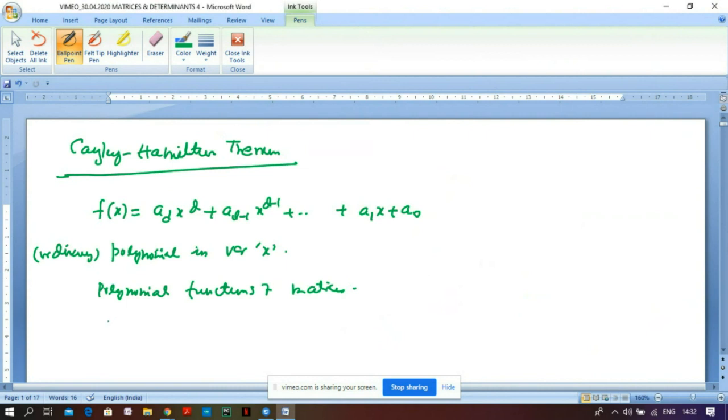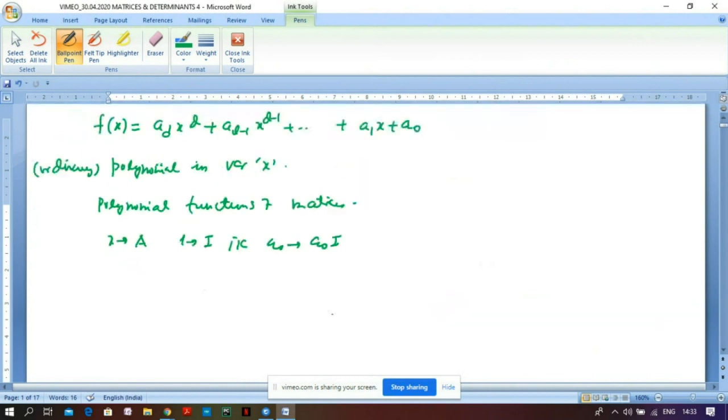What we do is that we replace x with A and we replace 1 with I. That is, a_0 gets replaced with a_0 I. For example, if you have f of x is x squared minus 5x plus 6, then we can have f of A as A squared minus 5A plus 6I.